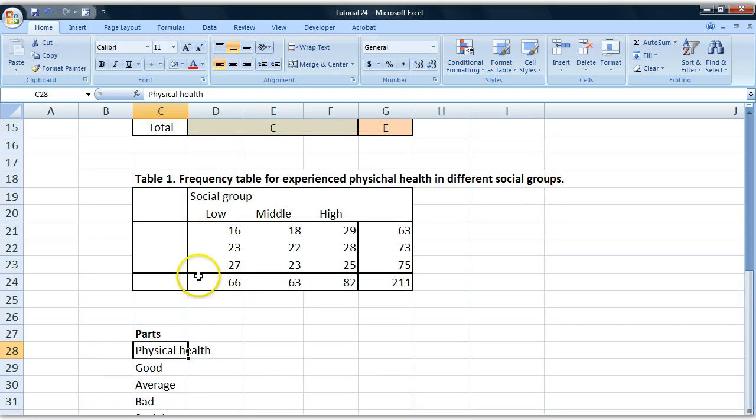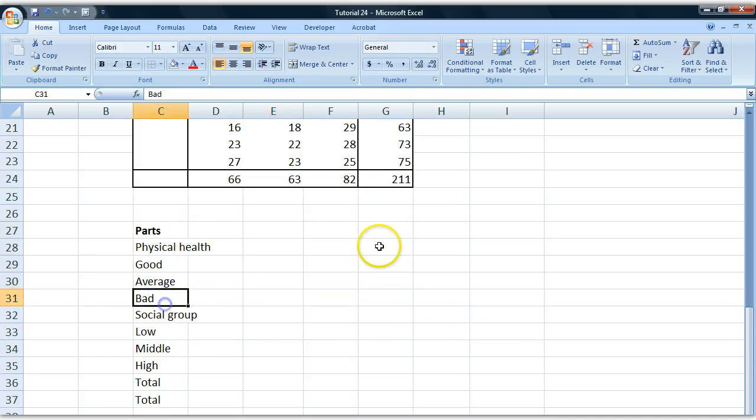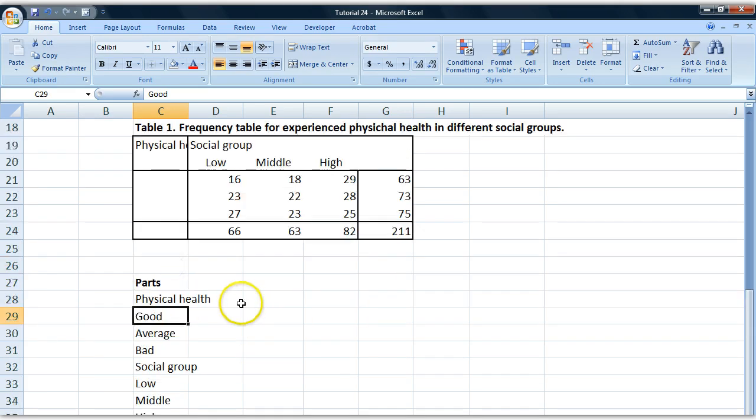Likewise, physical health needs to be placed somewhere here in order for us to be able to know what that y-axis is all about. So let's write in physical health. Excellent. Physical health, good, average, bad. Well, you could say physical health is a normative value. It all depends on how you think about it, but I think good health is a good thing.